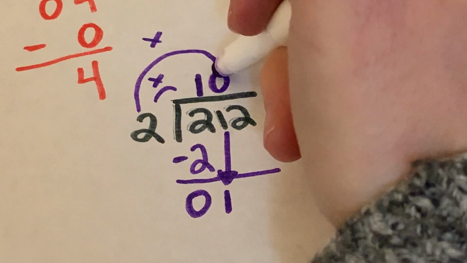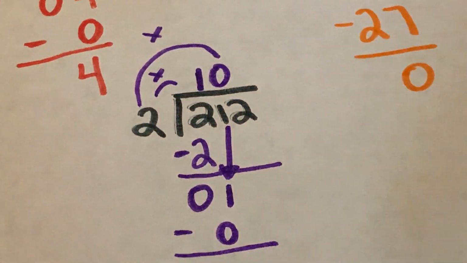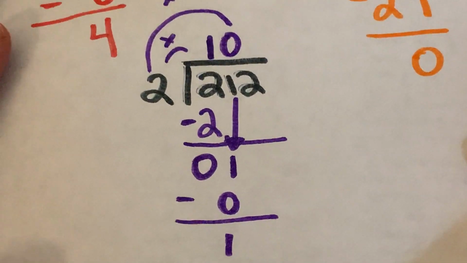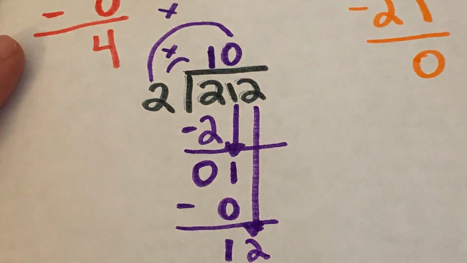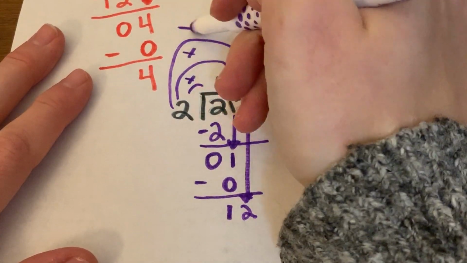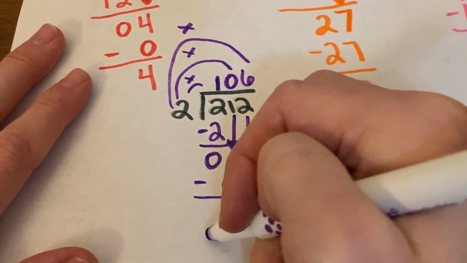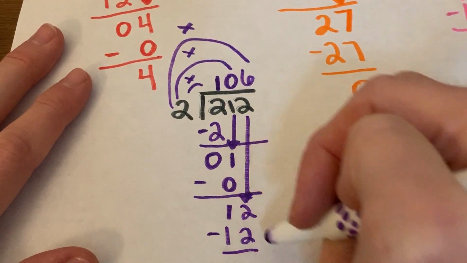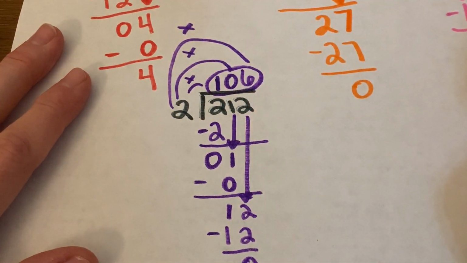So I have to write a 0, and I'm going to subtract 0 and end up with 1. Okay, I'm going to bring down my 2, and now I have 12. 2 times what gives me 12? 2 times 6 gives me 12. 12 take away 12 gives me 0. 106 is my answer.